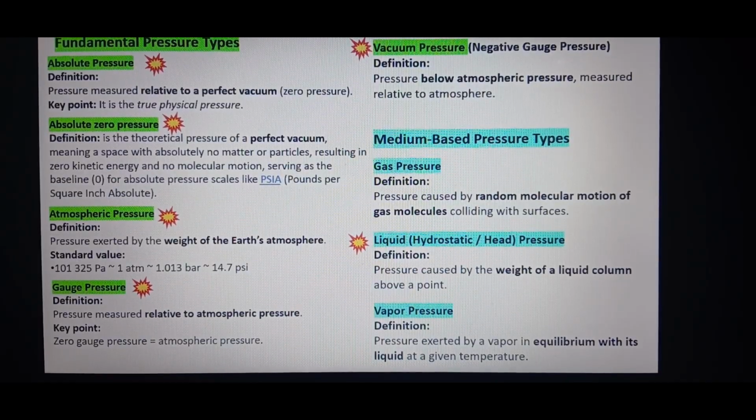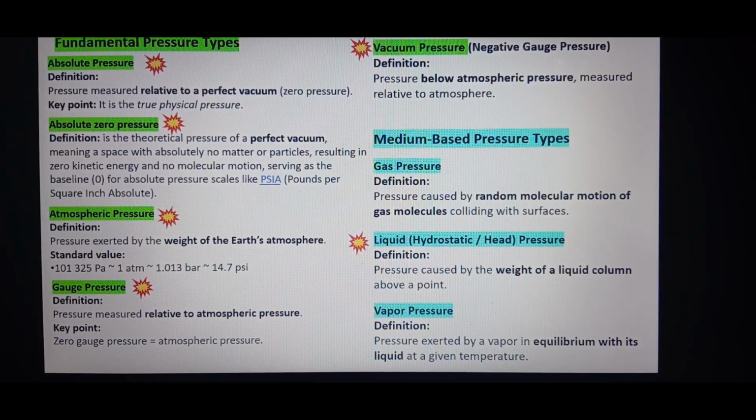And this one we will visit as well when we talk about that one diagram that will be coming up later. Gauge pressure. The definition is the pressure measured relative to atmospheric pressure. The key point: zero gauge pressure is equal to atmospheric pressure.